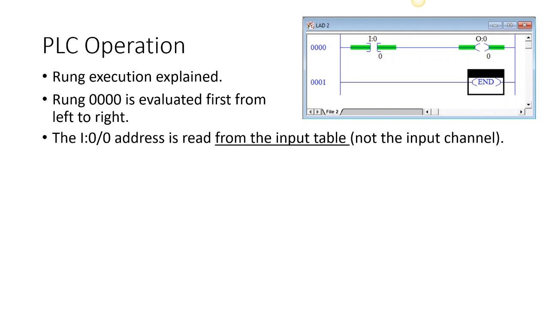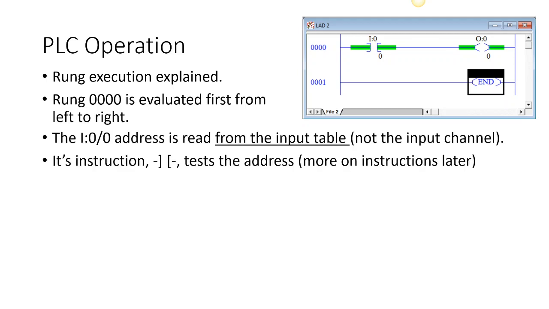So we're reading an input and we're writing it to an output in this instruction. But we're actually reading an input bit from the input table, and we're writing to an output bit in the output table. We're actually not physically writing all the way to the output. Okay.